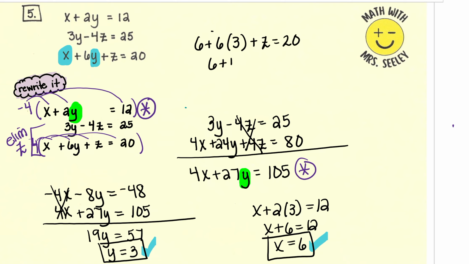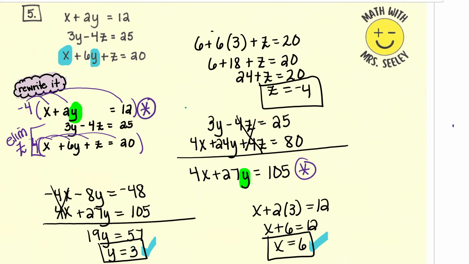So 6 plus 18 plus z is equal to 20. Put your like terms together. 24 plus z is equal to 20. Subtract your 24 over. So I'll have z is equal to 20 minus 24, which is negative 4. And there I have my answers. It's as easy as x, y, and z.